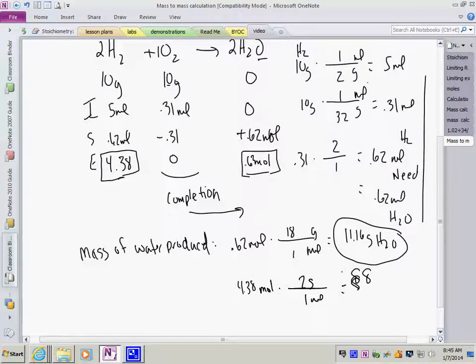Oof. 8.76 grams of H2 that is in excess. Very common question that you'd want to ask or answer.